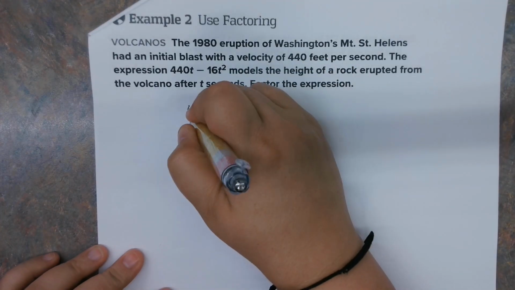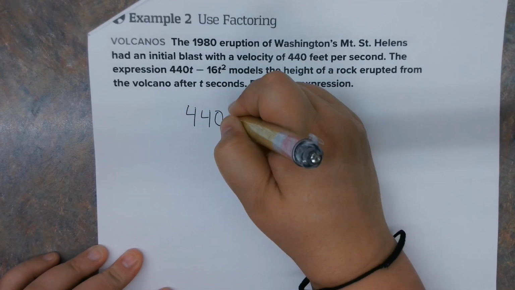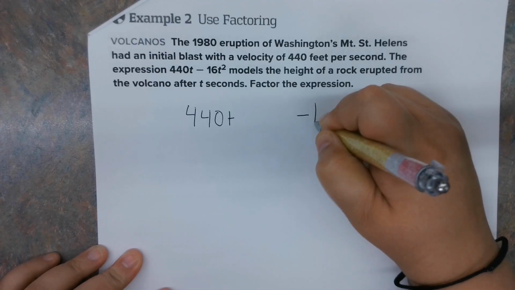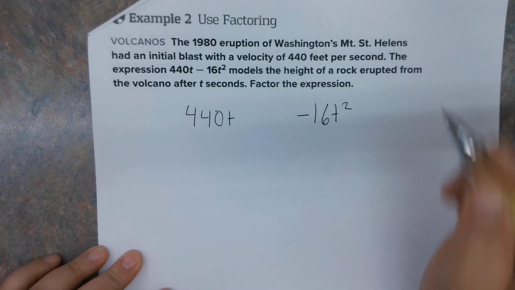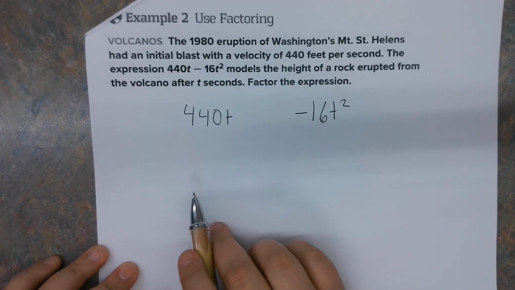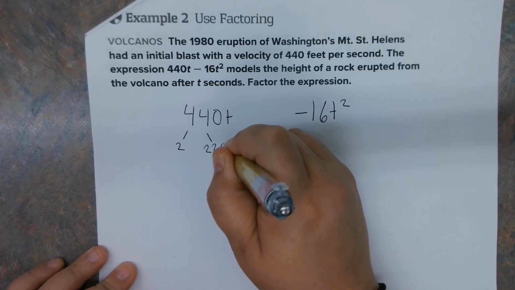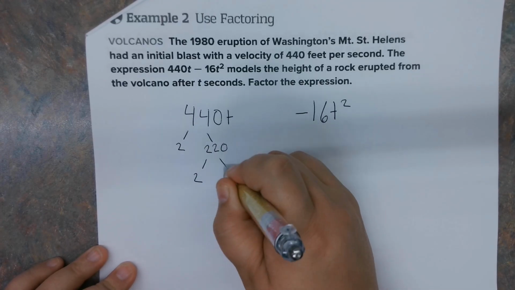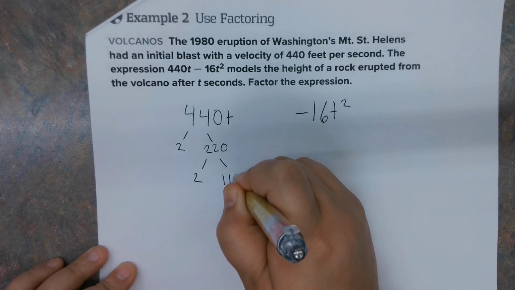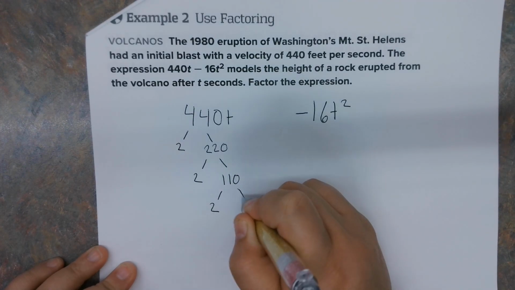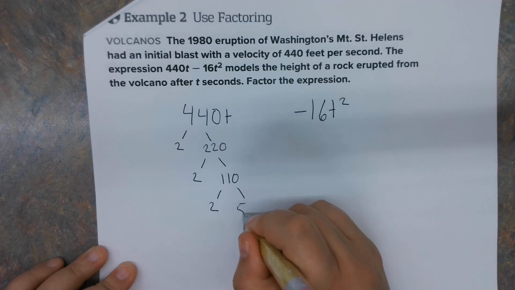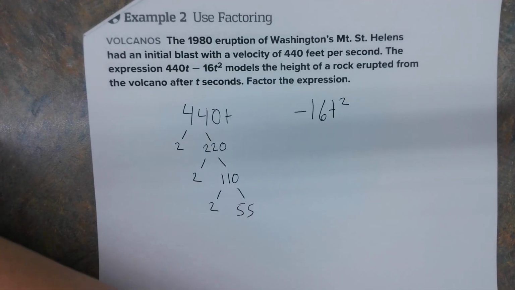We're just factoring 440t minus 16t squared. This one might take a while because it's a big even number. 2 gives me 220. 2 gives me 110. 2 gives me 55. Whoa, there we go.